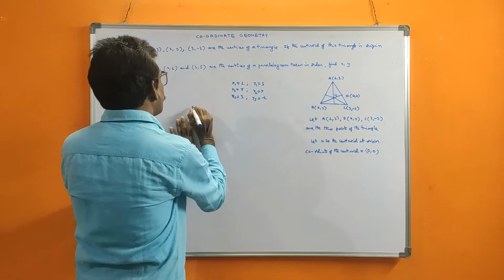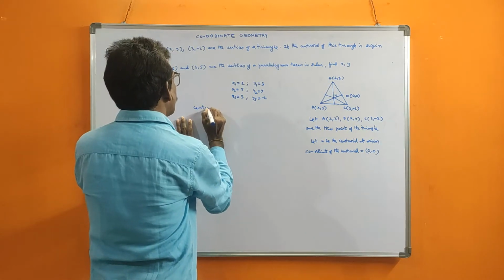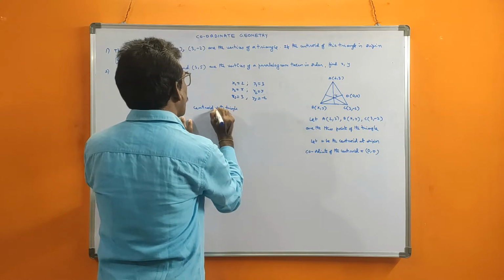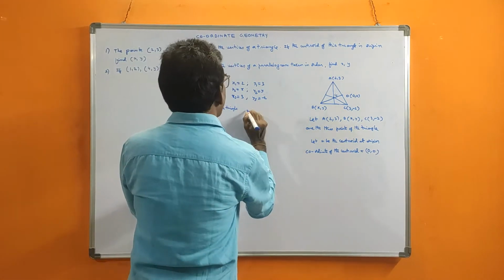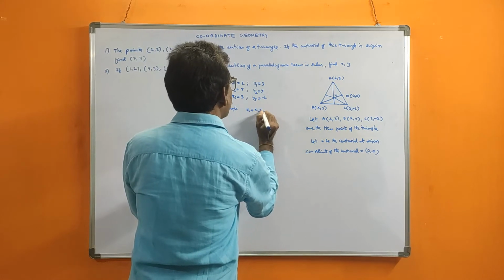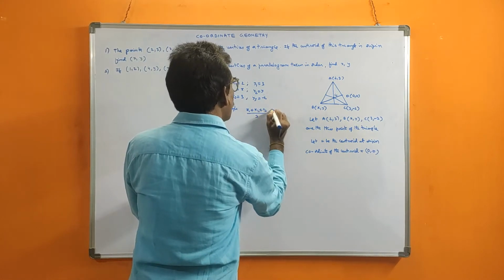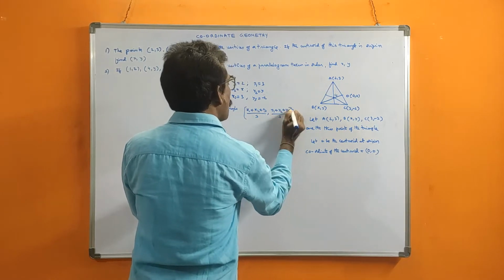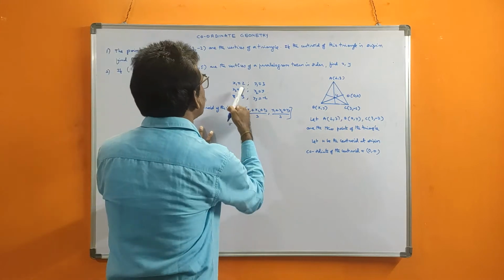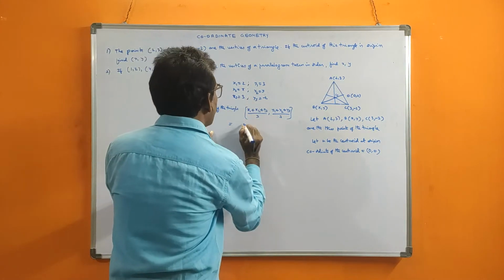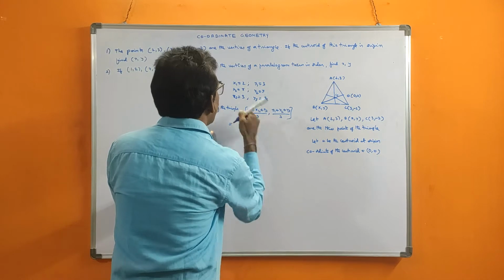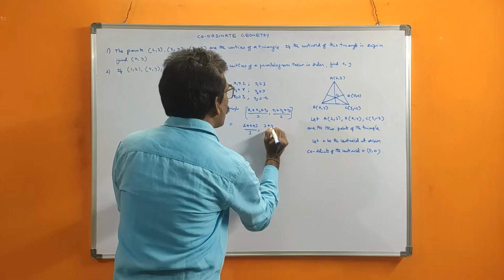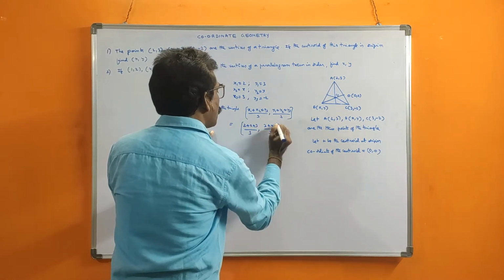Now the centroid of the triangle is given by the formula (x1 + x2 + x3)/3, (y1 + y2 + y3)/3. That we know as the formula. Now substitute these values. So (2 + x + 3)/3, comma, (3 + y - 2)/3.